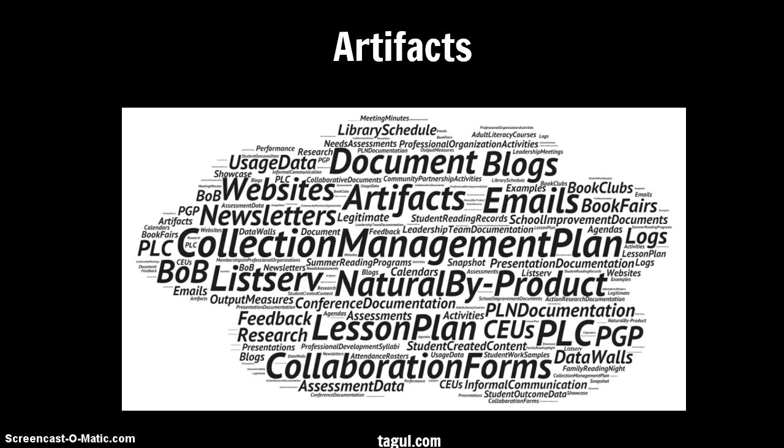And even when a principal visits the library periodically or interacts with the school library media coordinator in leadership meetings or professional learning communities, it's just a small snapshot of the school library media coordinator's activities. So the artifacts are essential for the school library media coordinator to document his or her performance, and so that a principal will have an expansive view of the school library media coordinator's role. School library media coordinators should embrace this as an opportunity to really showcase their work.